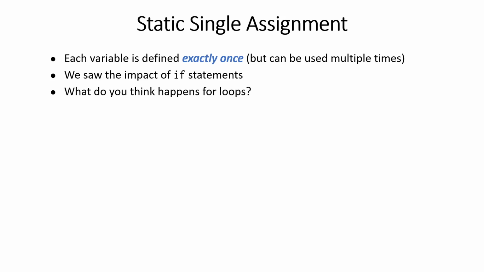And how many times the loop executes, I usually don't know, because it might depend on the input parameters, right? So how can we represent that? We know if the loop is executed 10 times, we need 10 fresh variables. If it's only executed once, we only need one fresh variable.